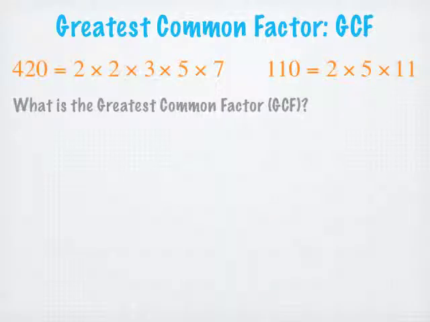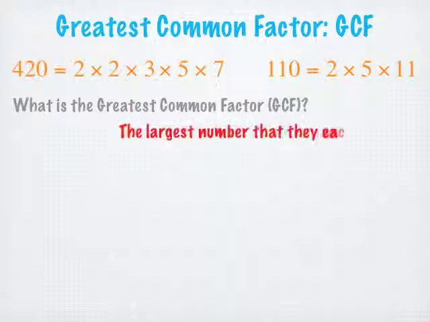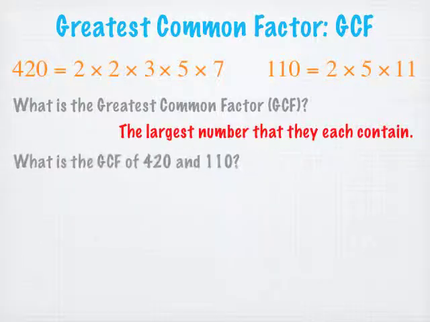Do you remember what the greatest common factor is? Not what it is in this example, but what it is in general? Good. It's the biggest number that goes into a set of numbers. It's the largest number that they each contain. So what is the greatest common factor of 420 and 110? You might be able to just see it, but in some numbers you actually need to go through and look at the factorization.